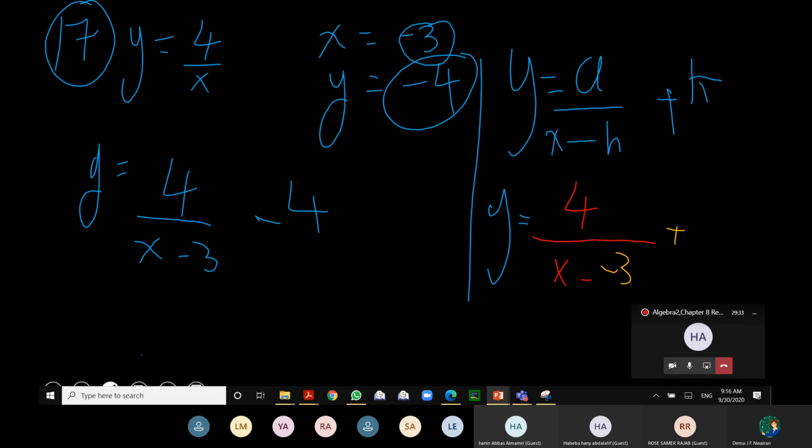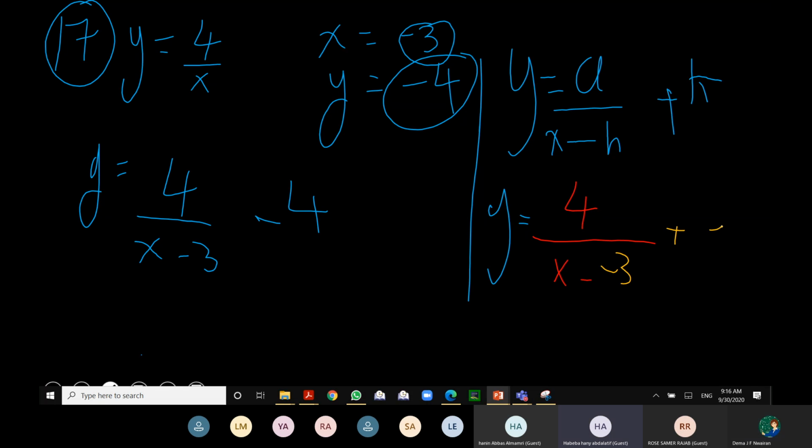Plus negative 4. So the equation will be y equals 4 over x plus 3, minus 4. Not x minus 3, because it is x minus h, so it is x minus negative 3. Is it clear now? Yes. Okay.